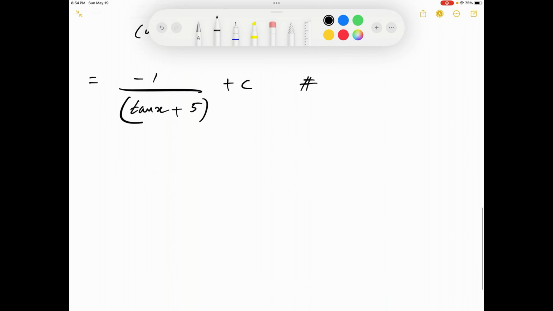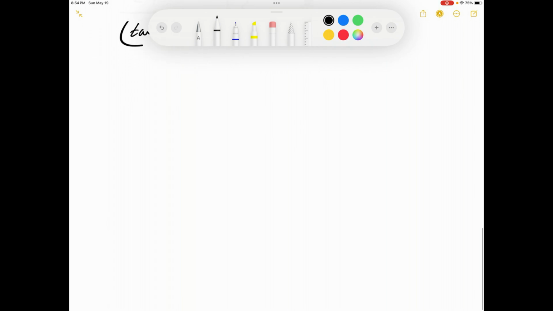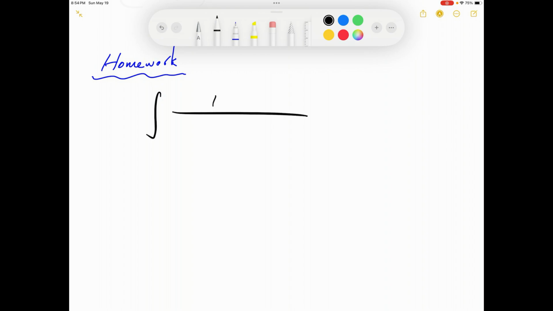If you would like to try a homework question, I would like to give you one. Here's a homework question for you. Evaluate the integration 1 over 4 cosine 2x plus 3 sine 2x plus 5 dx. That's your first homework question. Try to evaluate this integral using the method discussed in this video.